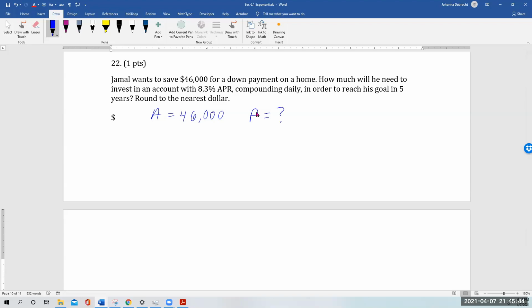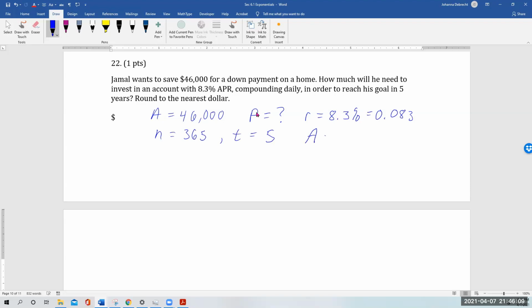That's the unknown, which is P. Then we need the annual interest rate, which is 8.3%, which is the same as 0.083. Compounded daily, we'll use 365 in our class. He wants to save for 5 years. That would be the time period, 5.